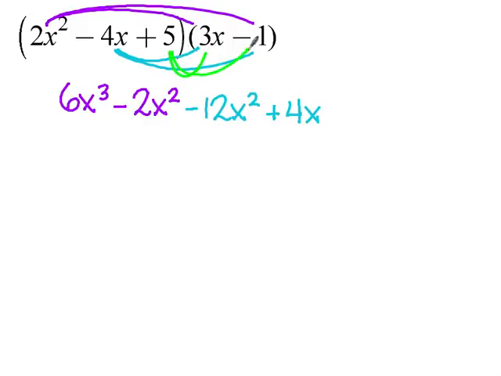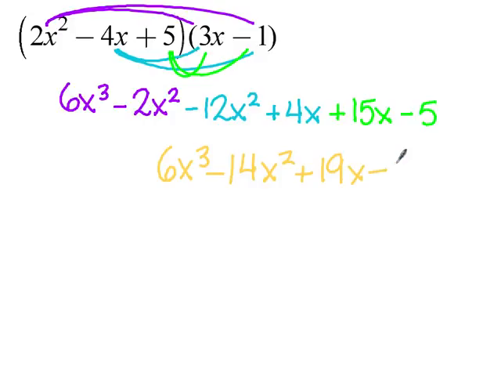So 5 times 3x is what? 15x. What's 5 times negative 1? Negative 5. So now I'm looking to add like terms together. So what will my final answer look like? Minus 14x squared, 19x. There you go.